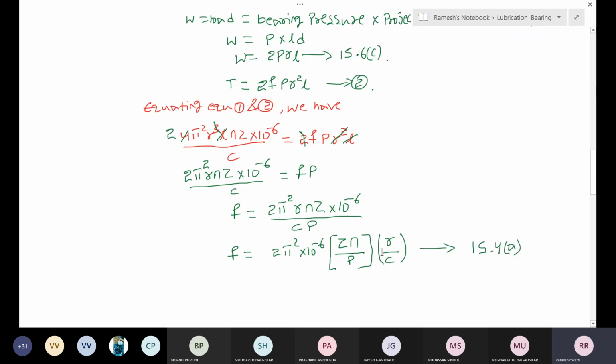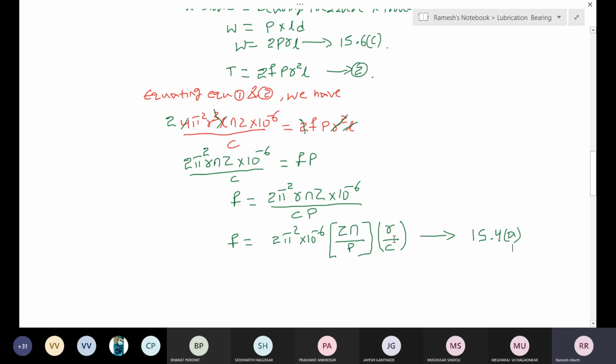Whatever this parameter R by C is, it is called the radial clearance ratio. This parameter ZN by P is called the bearing modulus, and it is represented by capital C. This is small c, and this is capital C. The above equation is the Petroff's equation for the lightly loaded journal bearing.